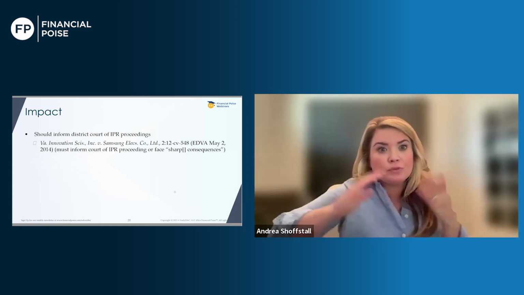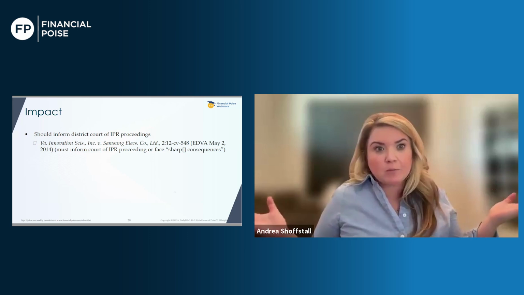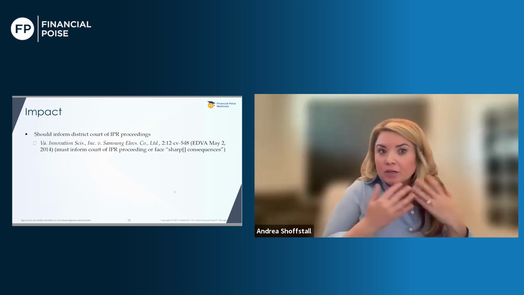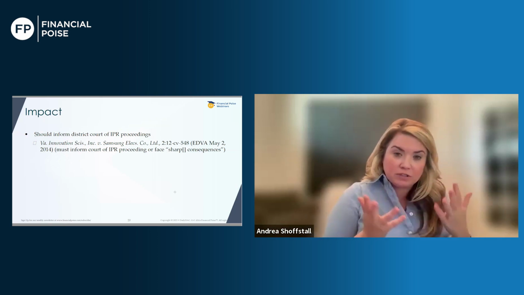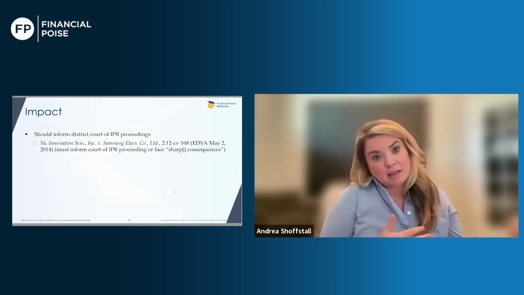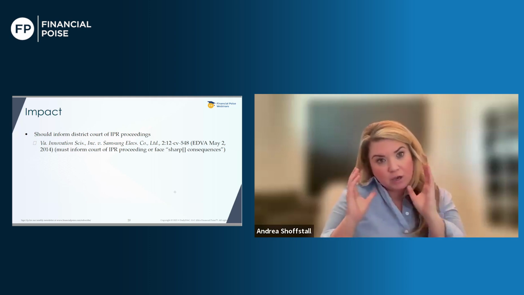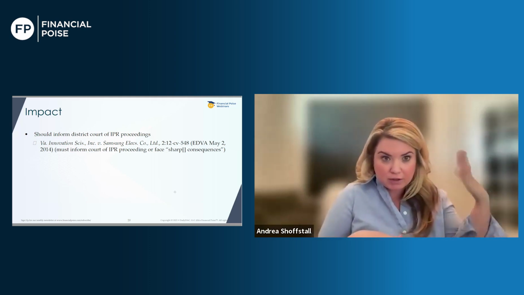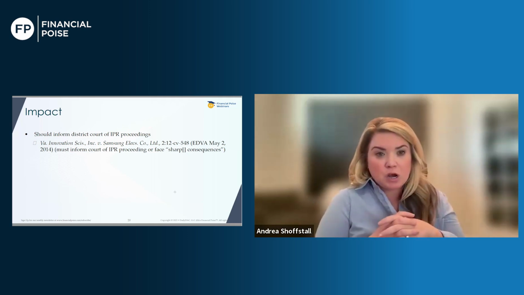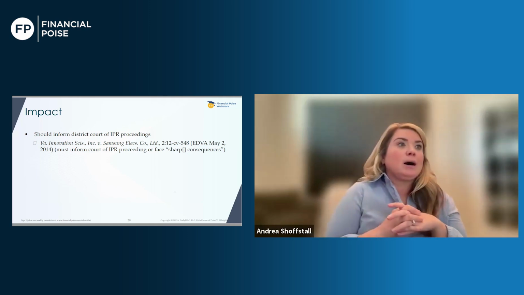Absolutely. So this type of scenario has become quite common, right? A lot of the strategy and the motivation behind filing an IPR in a lot of cases for the defendants is so that they can stay the district court litigation, focus all of their resources on the IPR and save some of those resources that otherwise would have been used on the district court litigation.